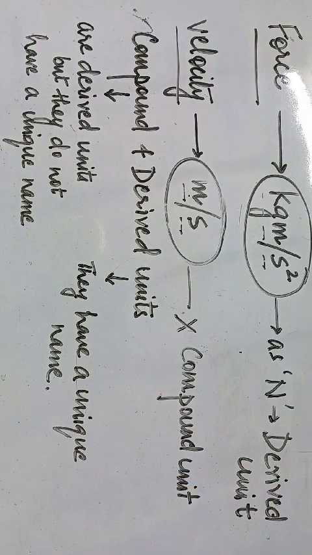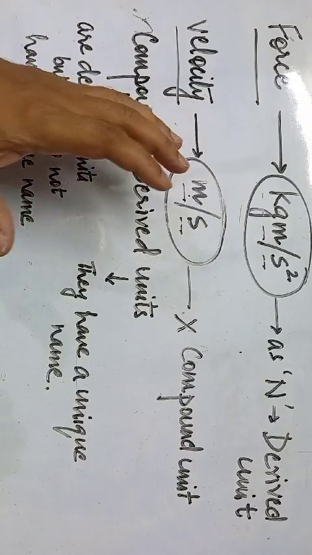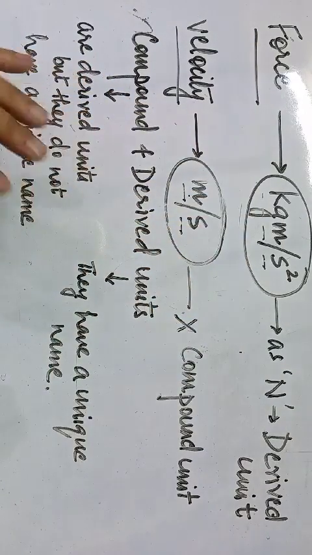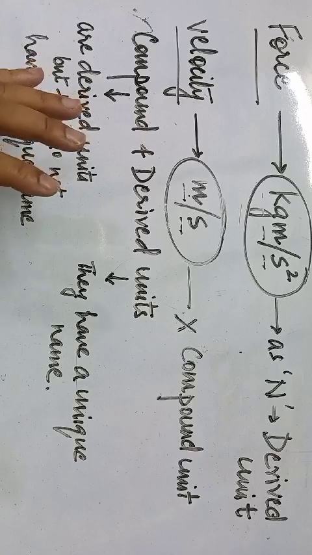Now you see, this will give you a much better clarity. There are various other examples also. After you go through this lecture, I'm sure you will be able to sit down and find a number of other derived units and compound units also. But first, let us have a very thorough understanding of this, because most of the books have not mentioned this difference.